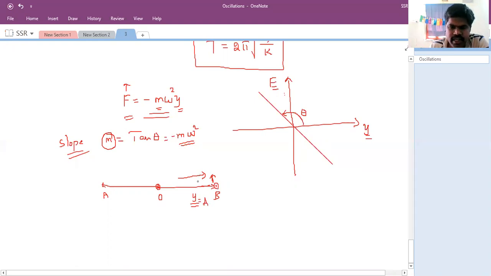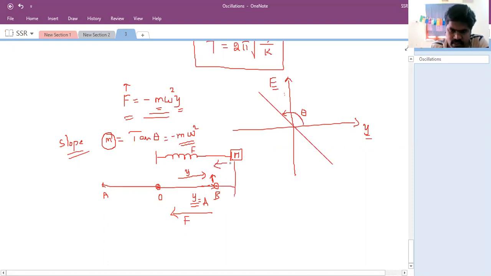And this restoring force acts in which direction? Towards the mean position, towards the center O. Displacement is away from the center, the mean position, whereas the restoring force is towards the mean position. That means if you displace the spring block system from the mean position, suppose the spring is extending like this, the spring force F tries to restore it. The block will go to the maximum extreme position B, and after that it will stop.